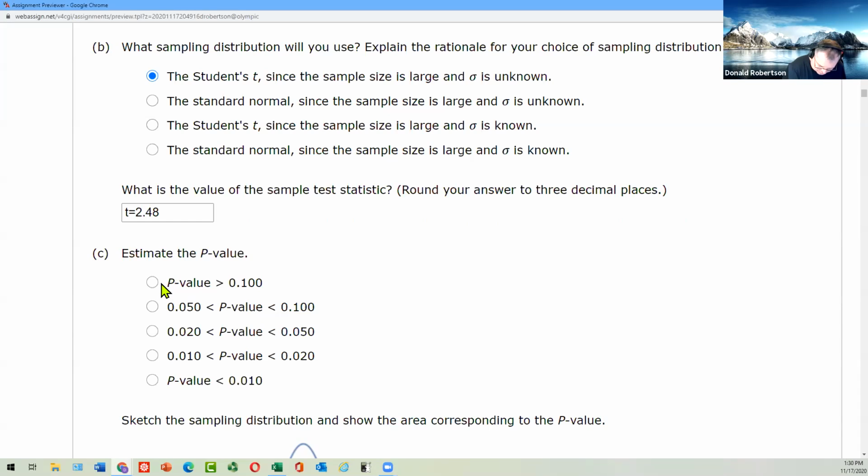And the p-value that we got was 0.0178. 0.01, not that one, 0.01. That one. Sorry. There, that one. 0.017 lies in this range.